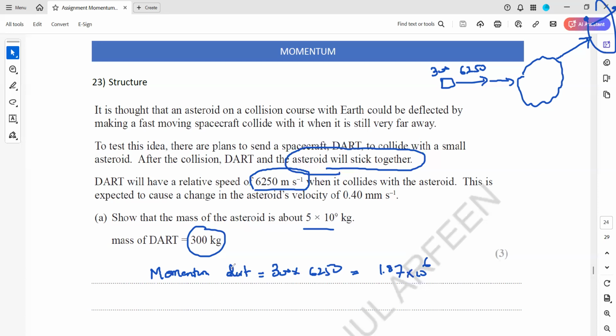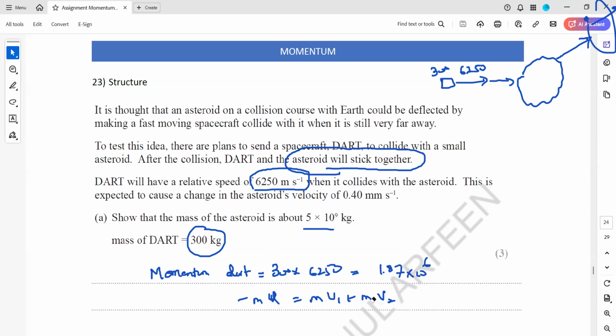I can also use this formula, m1u1 plus m2u2 equals m1v1 plus m2v2. This formula could also be used for conservation of momentum. But directly it cannot be used in this scenario as we don't know the initial momentum of the asteroid, but we know the change.